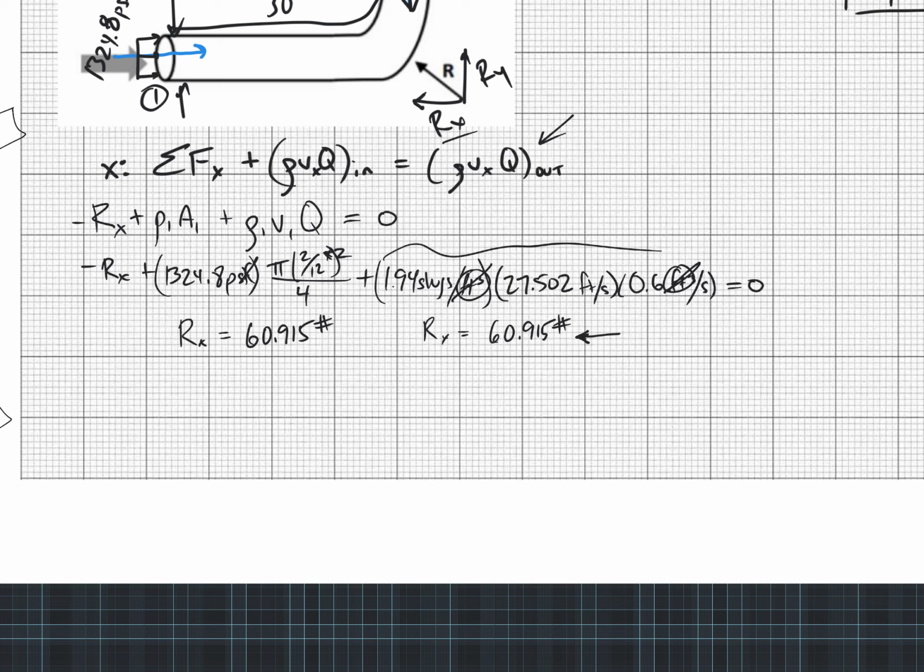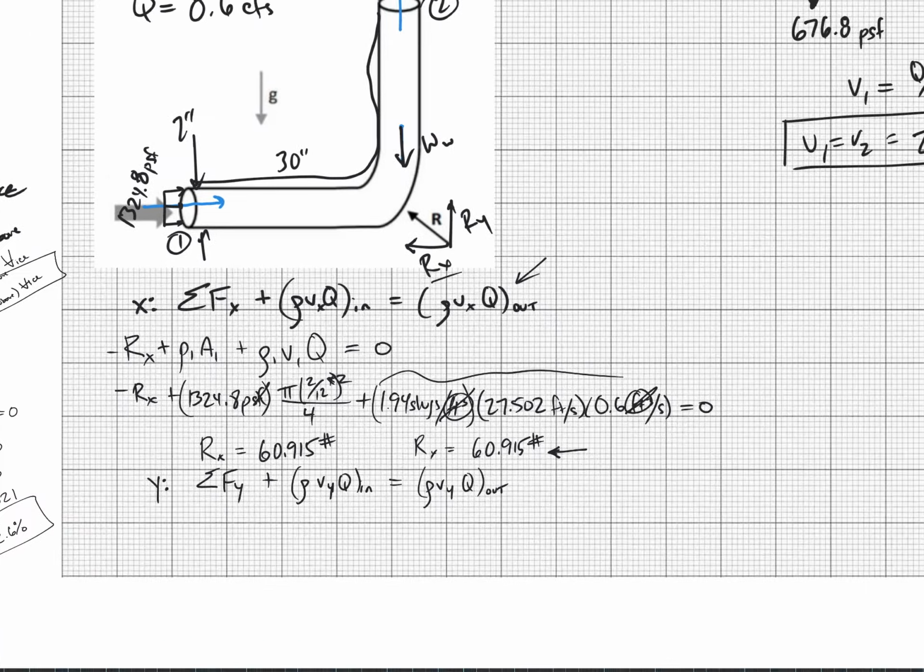Okay, now let's do the y direction. Sum of the forces in y plus rho Vy Q in equals rho Vy Q out. Okay, what are the forces in y? Let's go back to our picture here.